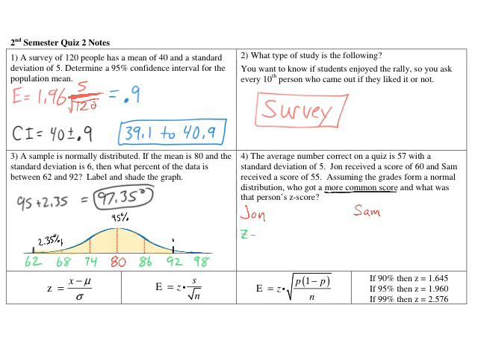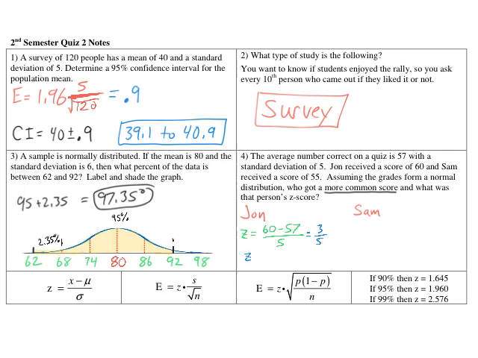So the z-score for John: John has a 60 minus the mean of 57 divided by the standard deviation. Where to get this formula? Right down here. This is how you find a z-score, value minus the mean divided by the standard deviation. And I just found it all in this problem. So when we simplify that, we get 3 over 5.